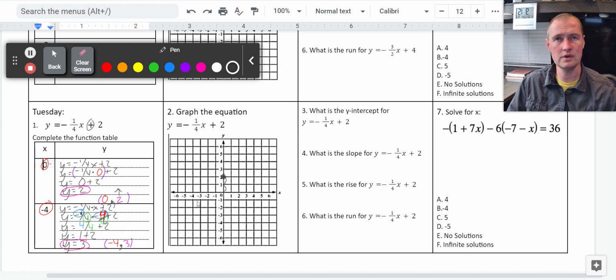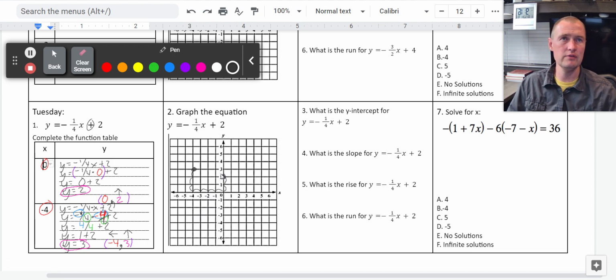Next, negative 4 means we're going to count left first, left 4. Then we're going to count up 3. So here we go: 1, 2, 3, negative 4. And up 3: 1, 2, 3 lands right here.